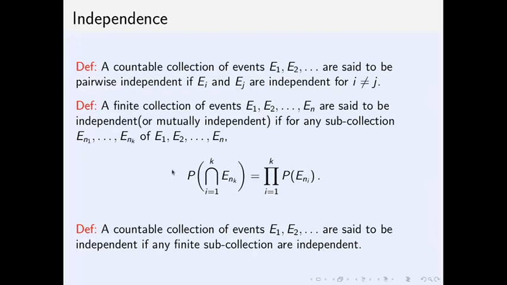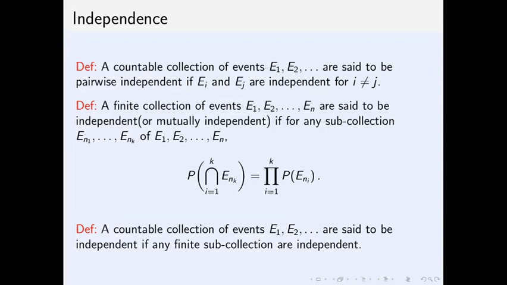That means basically I need to check whether this condition is true for any value of k, where k lies between 2, 3, 4, 5 up to n. Okay, clear? So that basically means pairwise independence, we have no problem defining whether it is a finite collection of events or a countable collection of events. It is not a problem.